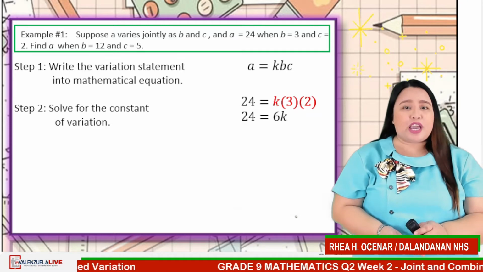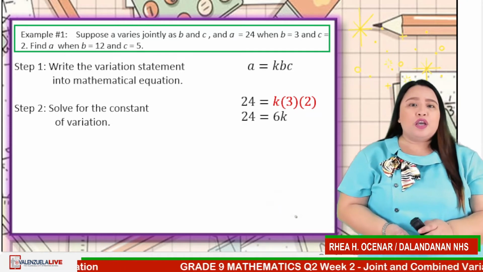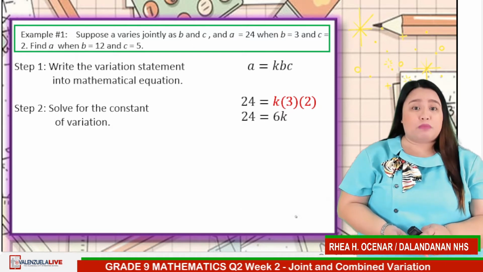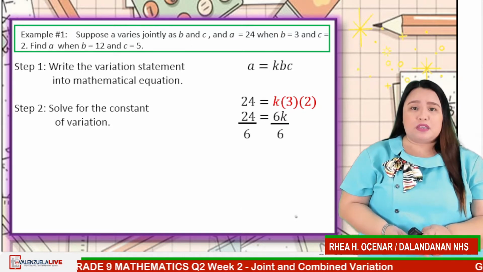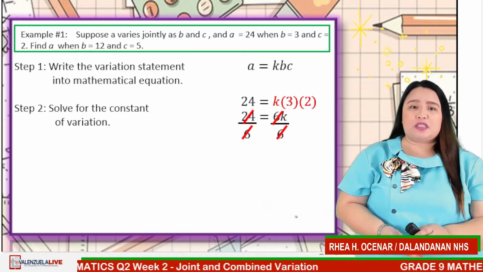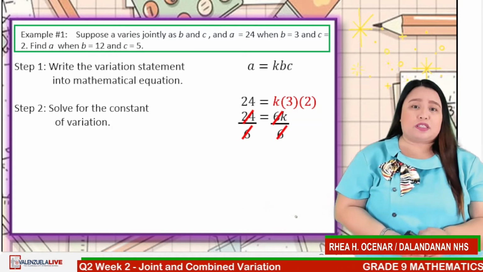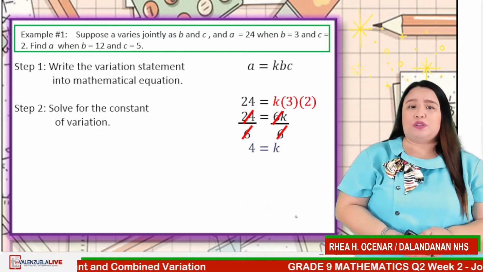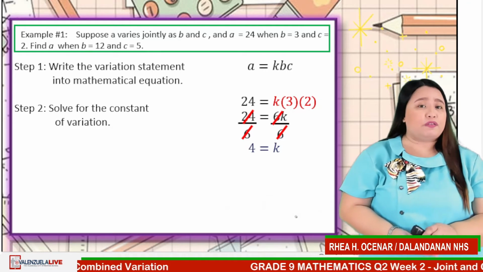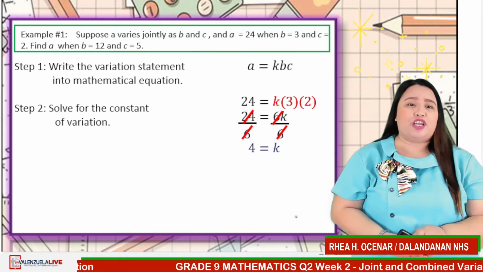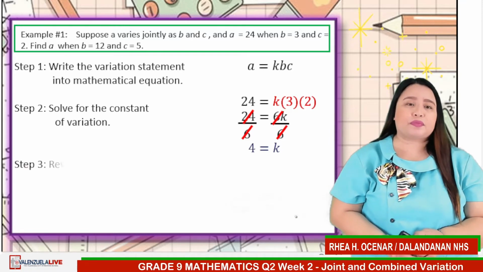Applying the multiplication property of equality using multiplicative inverse, we multiply both sides by 1 over 6. We have 24 over 6 is equal to 6K over 6. Simplifying, we have 4 is equal to K, or K is equal to 4 using symmetric property. So our constant of variation is 4.